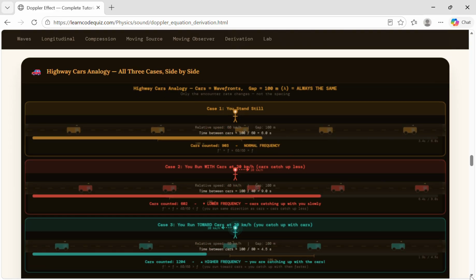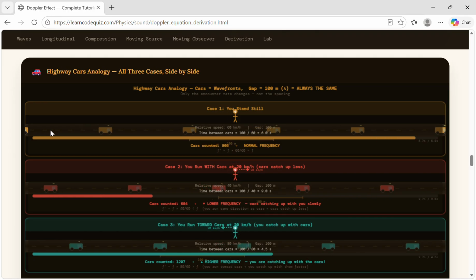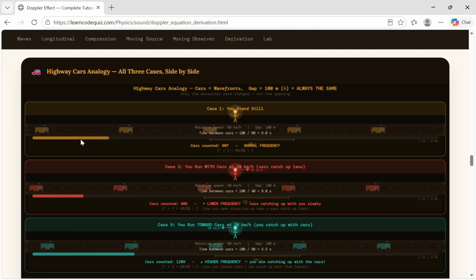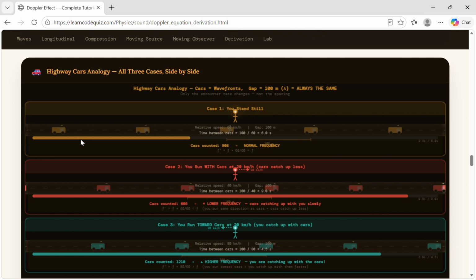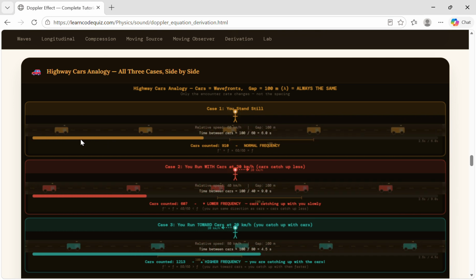Therefore the analogy is like this. Let's say a car is like the source of the sound, and the source is producing these waves, which are represented by the cars.